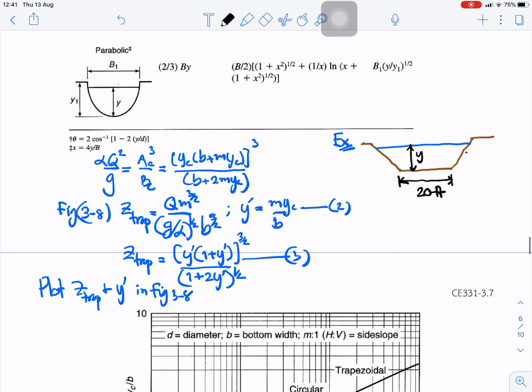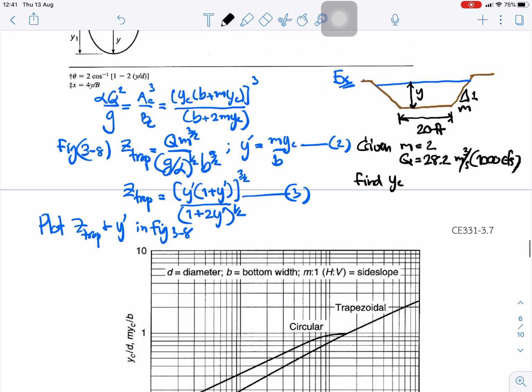Okay, and the side slope is 1 over m. In this case we are given m equal to 2, and Q equal to 28.2 cubic meters per second. This one is about 1000 cubic feet per second. I want to find what is the critical depth for this trapezoidal channel.